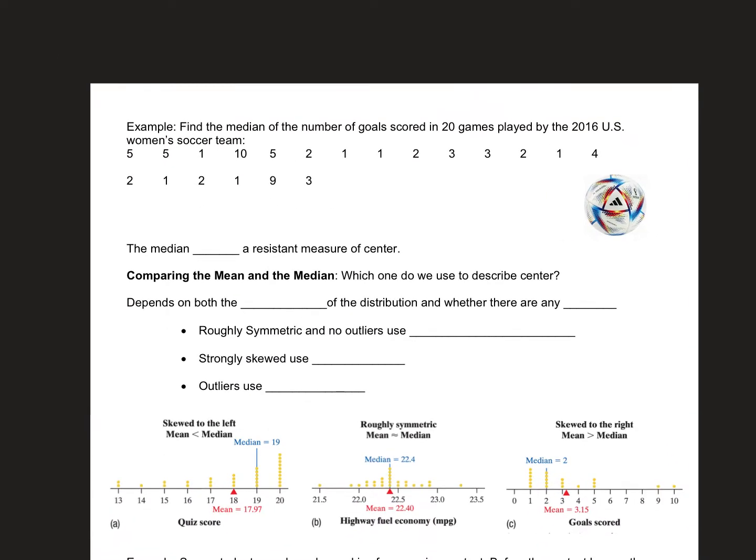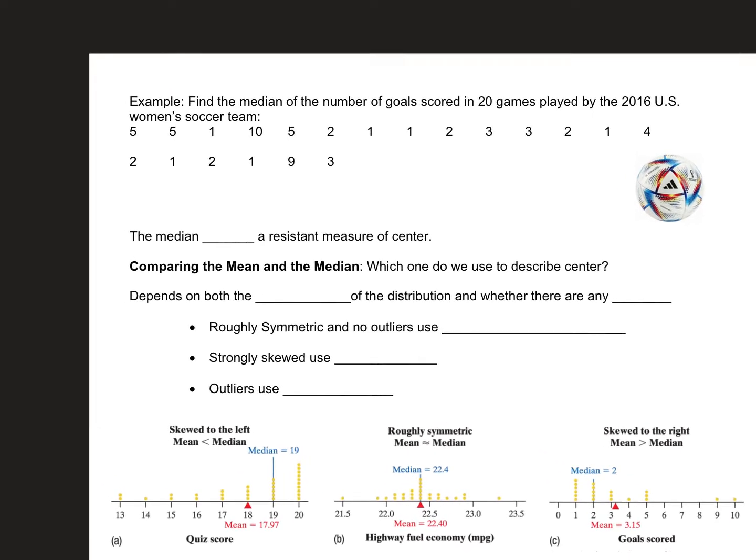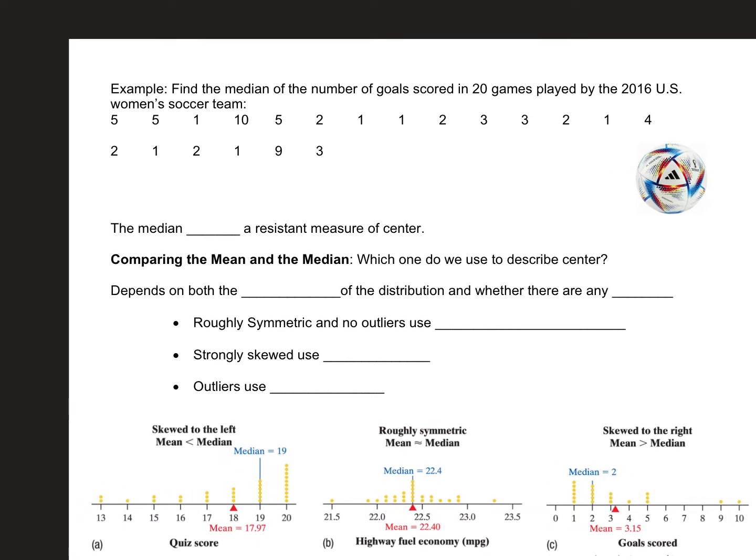So here we go. Find the median of the number of goals scored in 20 games played by the U.S. soccer team. All right, so what we want to do is go ahead and put them in order. And this is kind of tedious. Sometimes I like to give you data that's already in order. So let's see, we have 1, 2, 3, 4, 5, 6 ones.